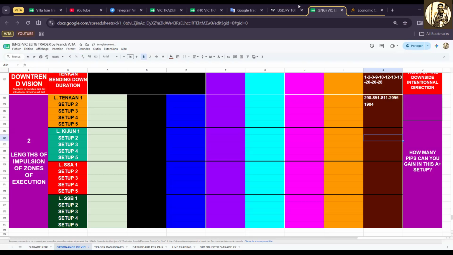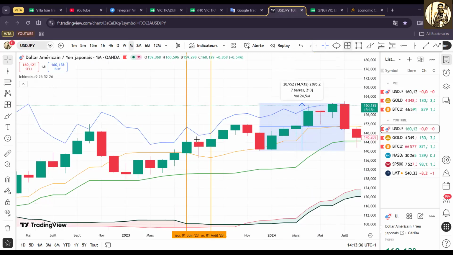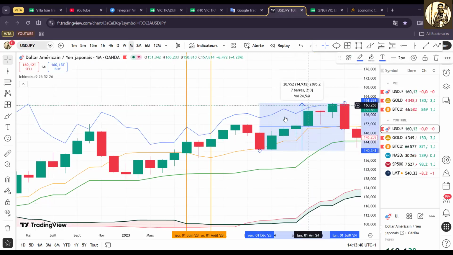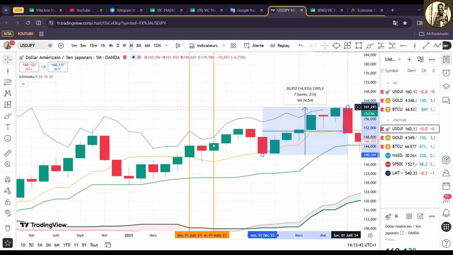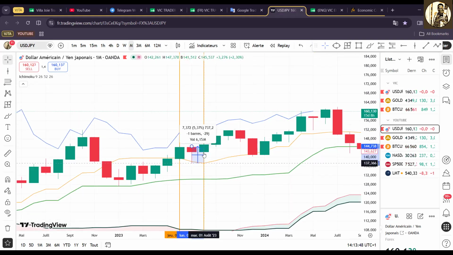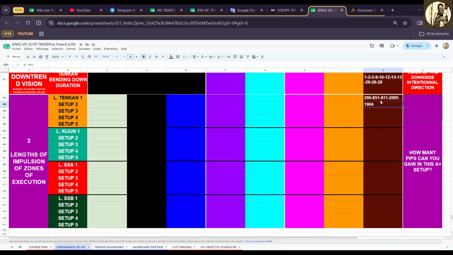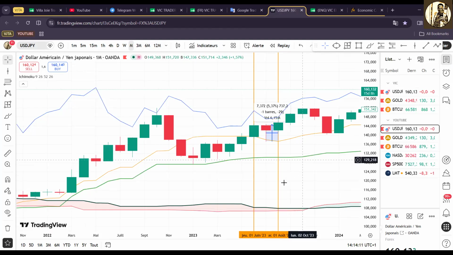Now for this small downtrend, I'll take this down movement, from the price being above Tenkan till the price touches Tenkan, which is 737 for the first touch. So that's how many pips you can make for this one.